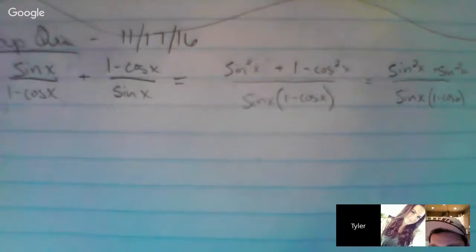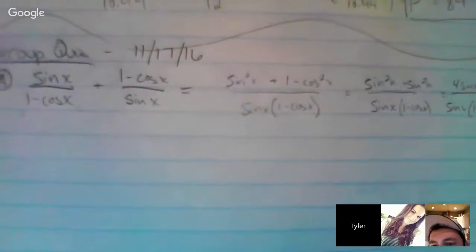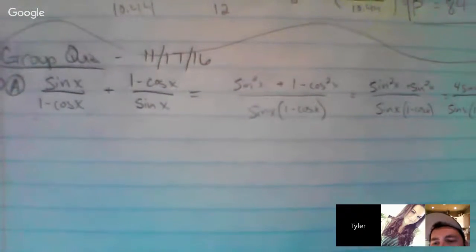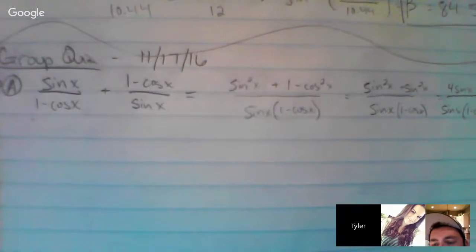All right, so there's right there. I see something. On that first step, it looks like you can't just take sine squared x plus 1 minus cosine squared x because you have to factor it out like this.